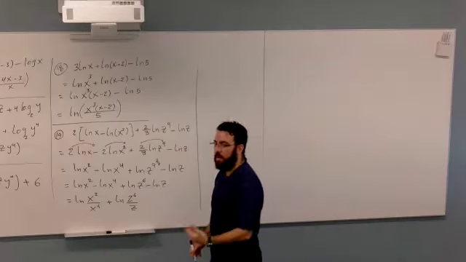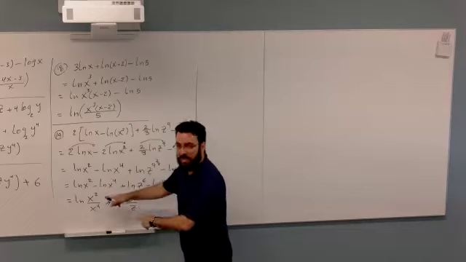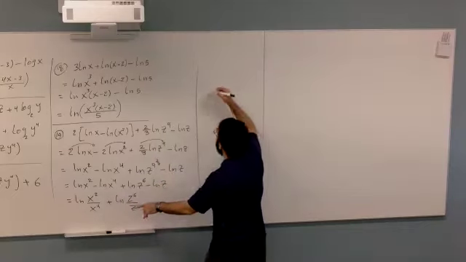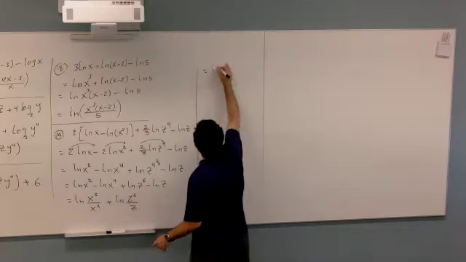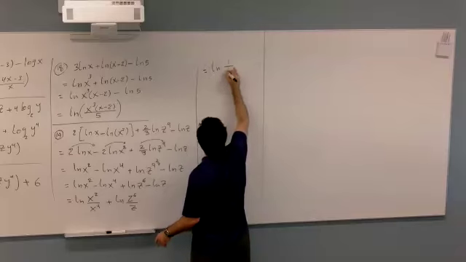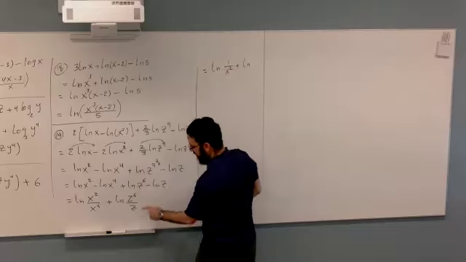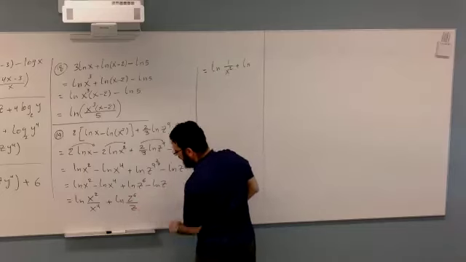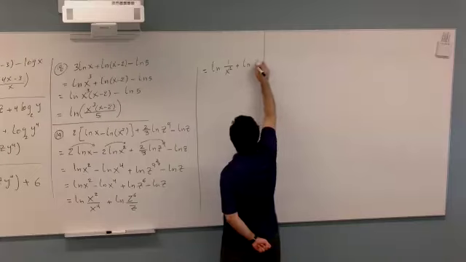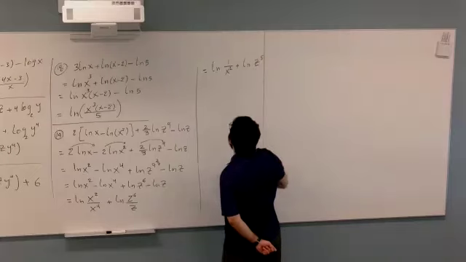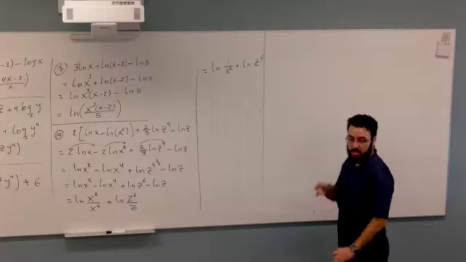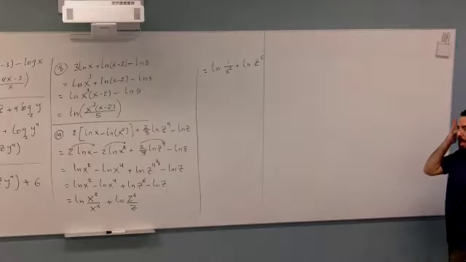So it's going to be ln 1 over x squared plus ln z to the power 6 divided by z, cancel one z. Yes or no? I have to be careful.